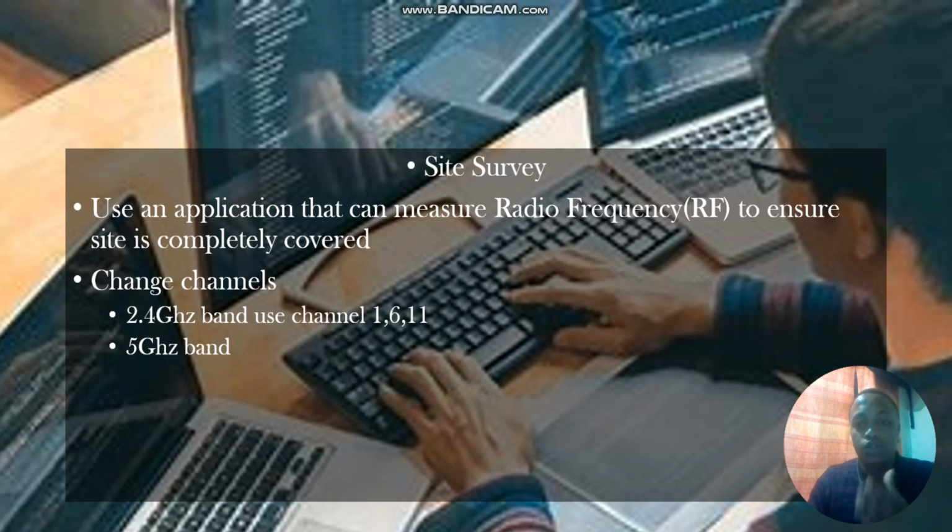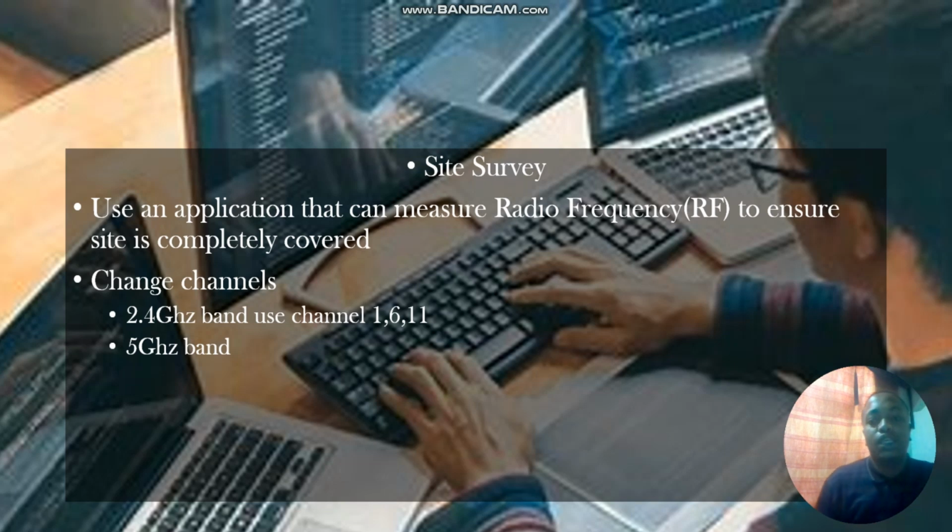So if you're doing a site survey for a wireless network deployment, you need to use an application to measure the radio frequency to ensure that the site is completely covered. So make sure you scan for the radio frequency of that specific area and ensure that the whole area is covered.